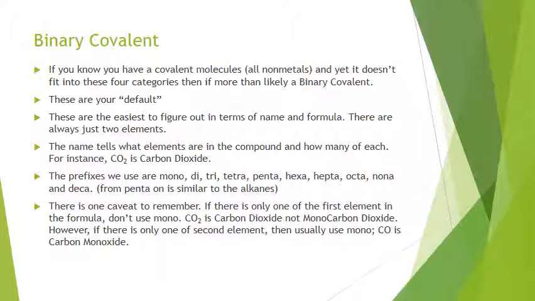If you know you have a covalent compound and yet it doesn't fit into these categories, then it's more than likely a binary. This is the default. So if it doesn't fit anywhere else, it has to go here. These are fairly easy to figure out. Their names and formulas just have 2 elements, and the name and the formula tell you exactly who's in them. It's kind of pretty.